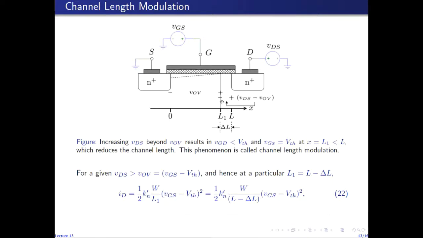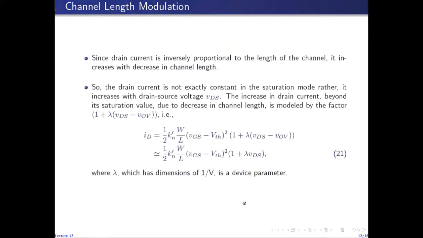So when VDS is such that the length of the channel is equal to L1, as shown here in this diagram, which is less than L, then the drain current is given by this expression, in which I have replaced L with L1, where L1 is L minus delta L. So this expression is exactly equivalent to this expression.